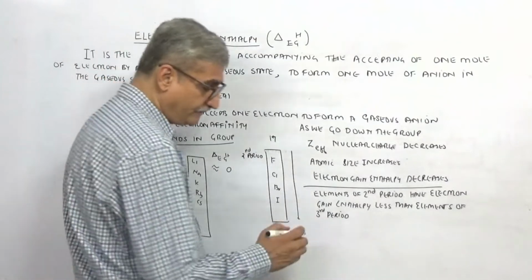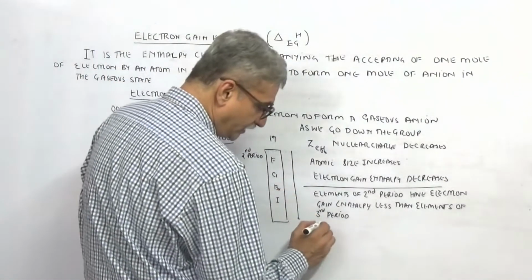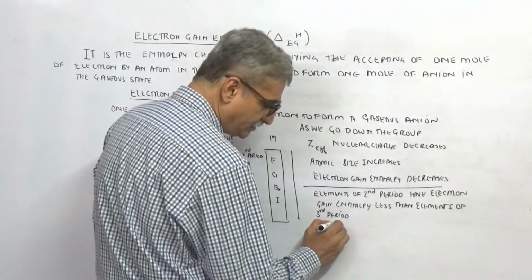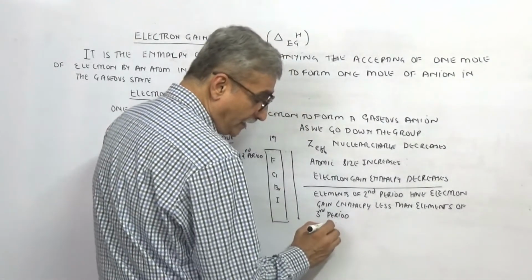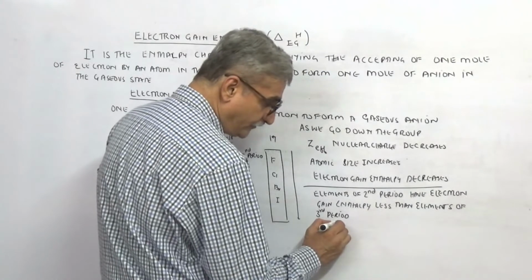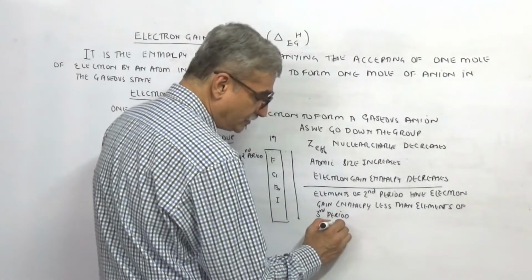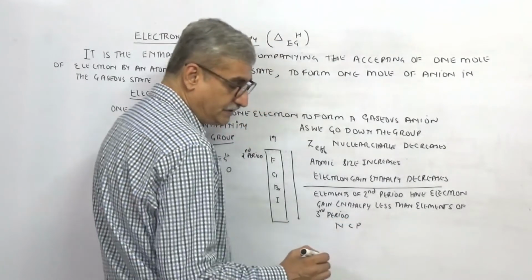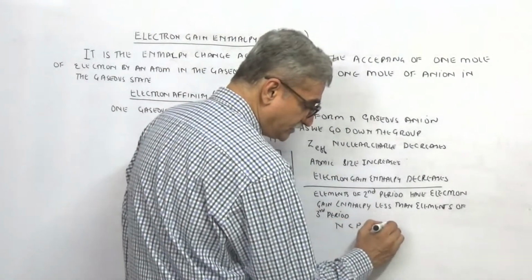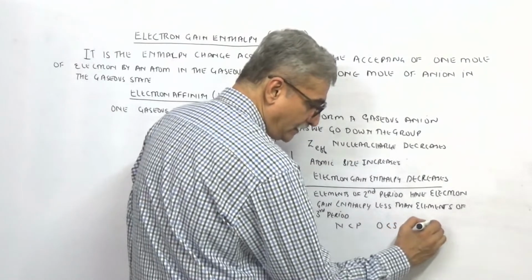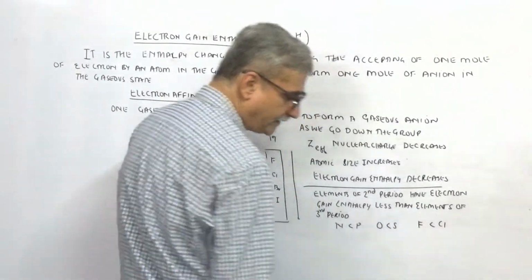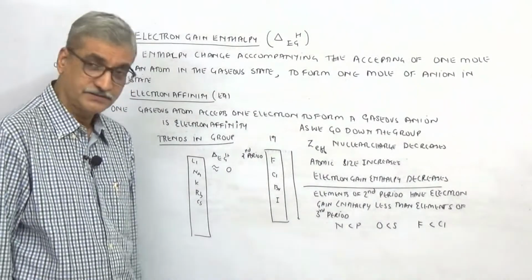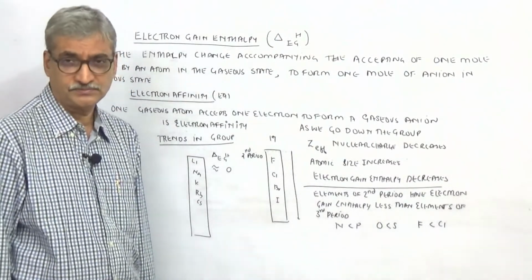Look at group 13: boron, aluminium, gallium, indium. Group 14 is carbon, silicon, germanium, tin and lead. But more important, group 15 is nitrogen, phosphorus. Nitrogen will have less than phosphorus. Then group 16, oxygen will have less than sulfur, and fluorine will have less than chlorine, main importance. So why is it so?